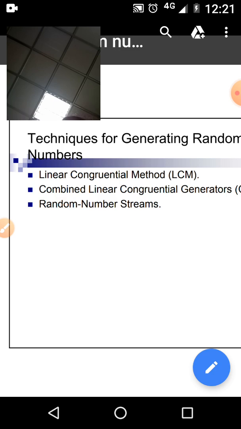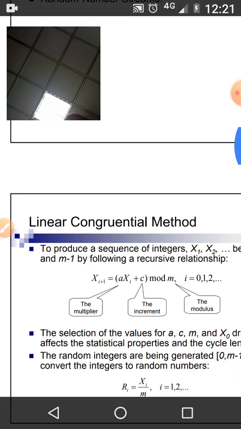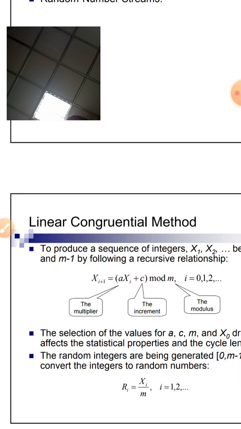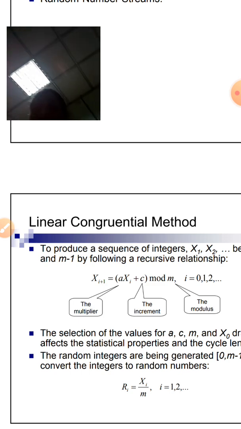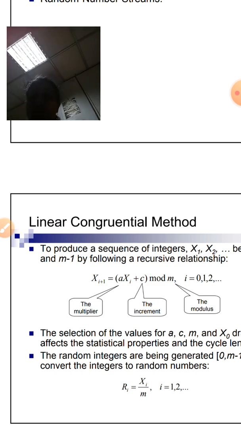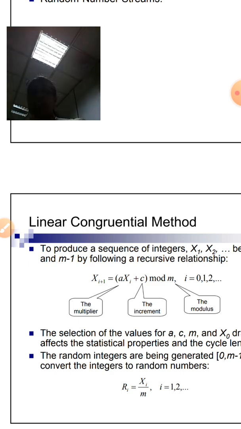number streams. So here the very first thing is the generation of random numbers by using the LCM method, the linear congruential method. Here, how are you going to produce a sequence of integers?